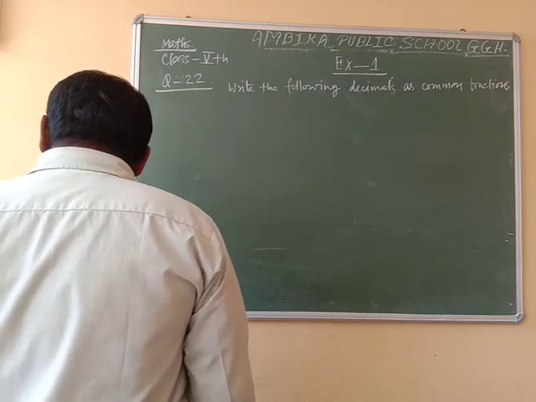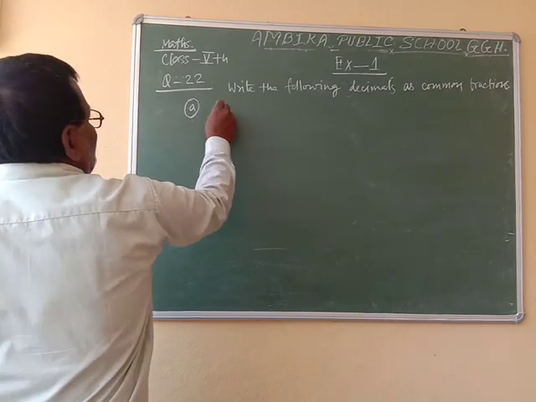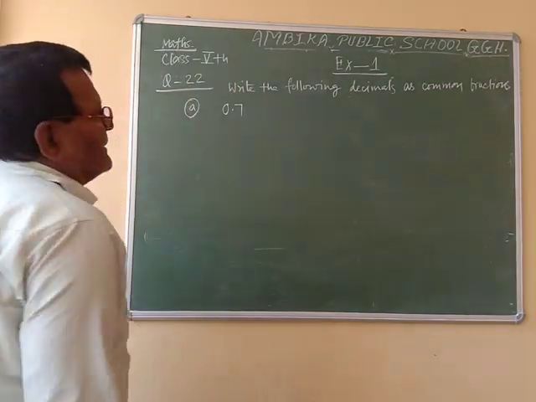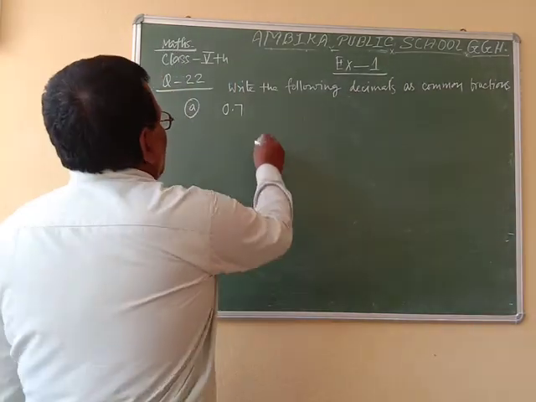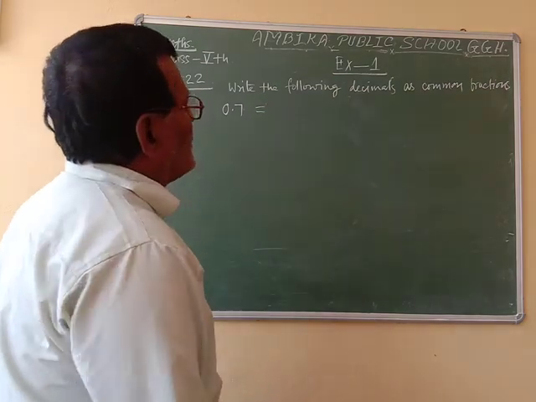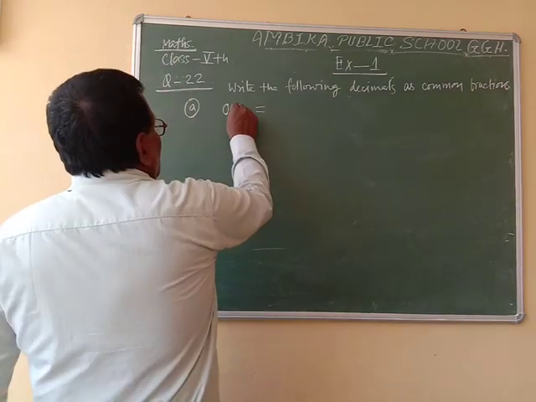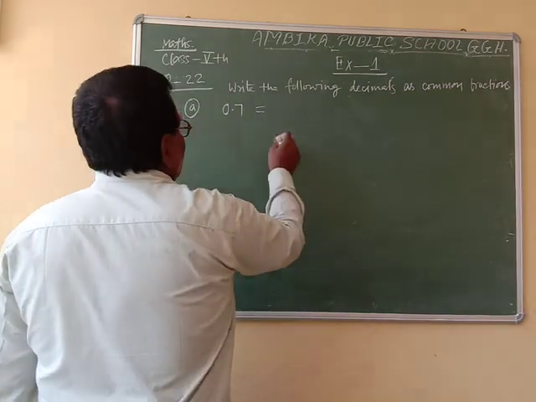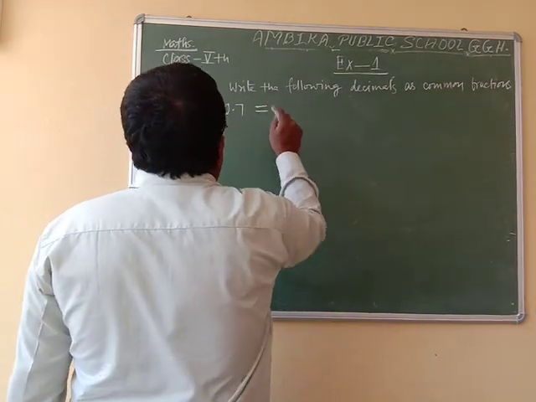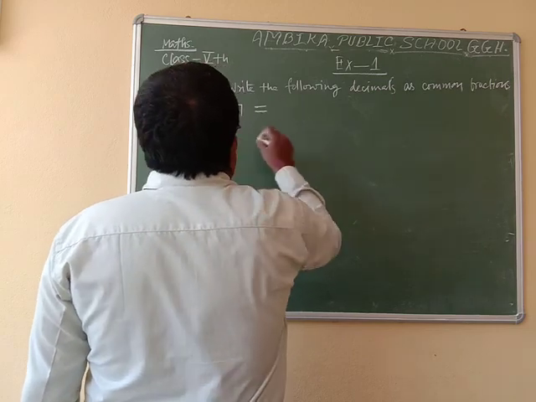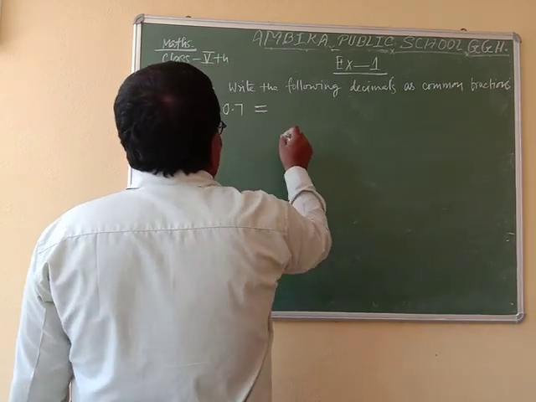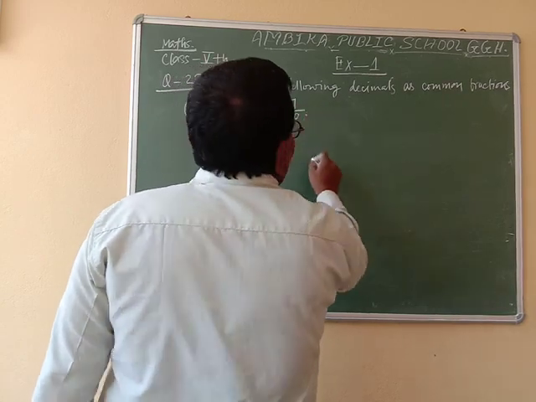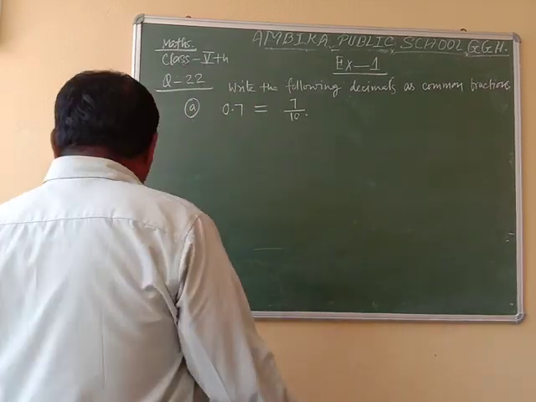We are given 0.7. 0.7 is a decimal fraction. To convert it into common fraction, we eliminate decimal from 0.7. After elimination of decimal, we can write for 0.7 is equal to 7 by 10.